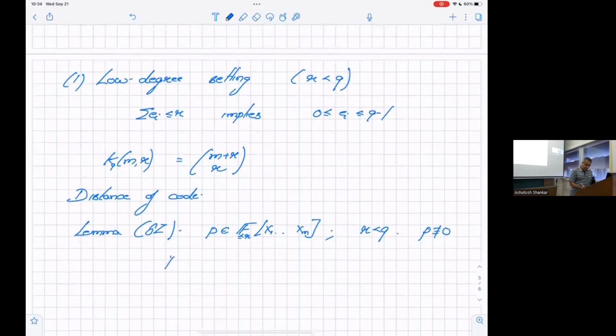I'm asking what's the probability that if I pick an A at random from Fq to the M, the probability that P(A) is not equal to 0. That's the distance of the code. The weight of a non-zero code word is the distance of the code. So what lower bound can we give for this? In the univariate case, what was the lower bound?